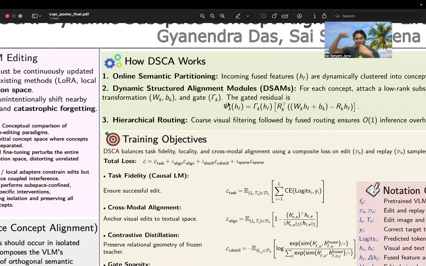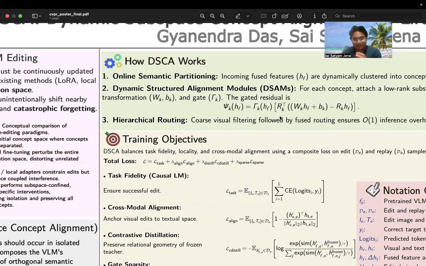It gives us delta h, a small delta which is needed. As you can see, it is a gated residual, which gives us a value to be added to HF to align it so that in the end it predicts the correct thing. All these things are trained, but from a high level, for each concept psi k gives us a delta HF, a small residual which should be added to the fused representation right at that point. This is part of the representation learning, so that in the downstream task, the model's outcome is driven by these edited fused tokens.